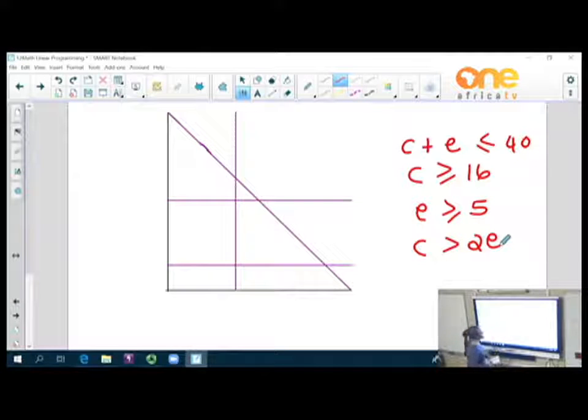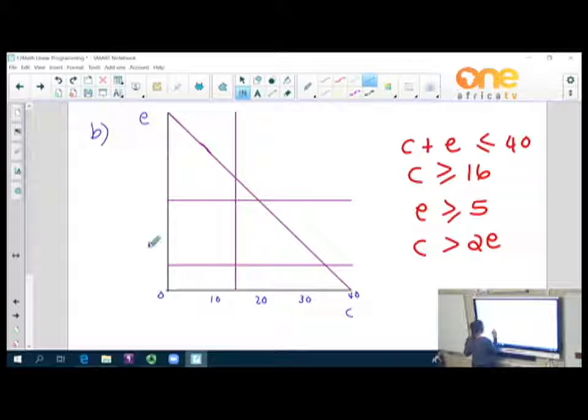And then these graphs we can draw on our axes. So for number B, I've got electrical goods and I've got cars. My axis is 10, 20, 30, and 40.